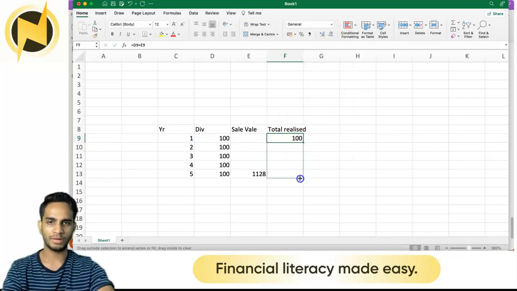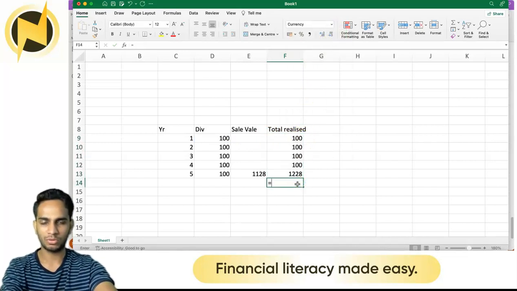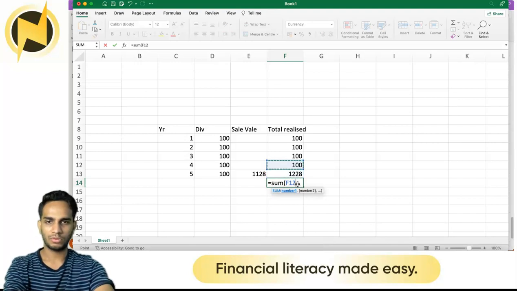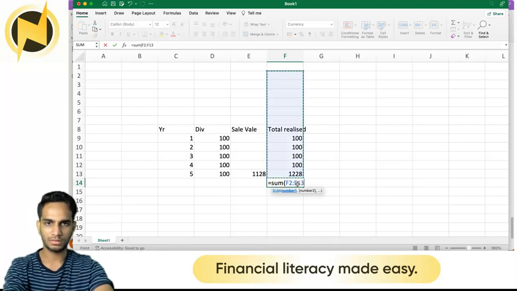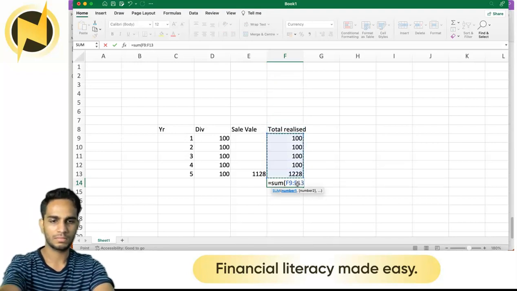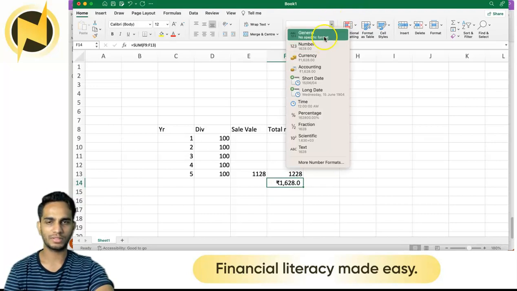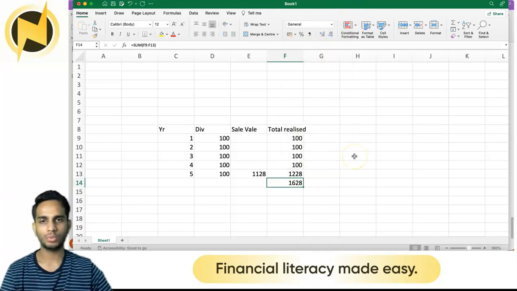This is the total value, right? So if I total here, it's 1628. 1628 is my total.